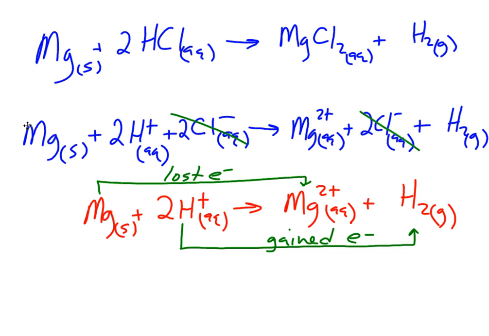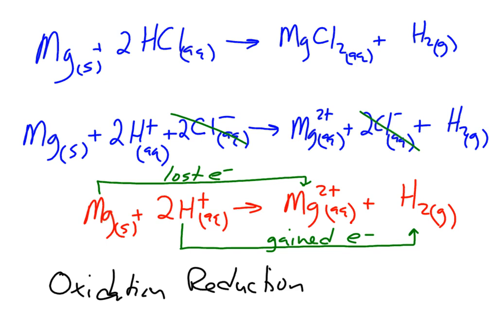This loss and gain of electrons is another type of reaction called an oxidation reduction reaction. So you can see in this example, we have a single replacement reaction, but we can also describe it as an oxidation reduction reaction.